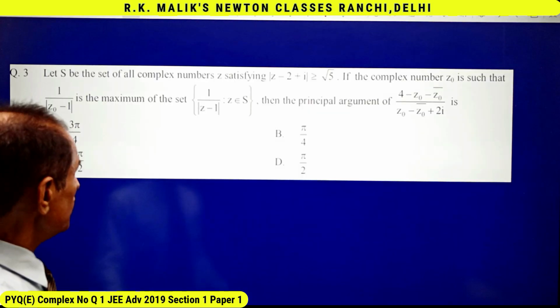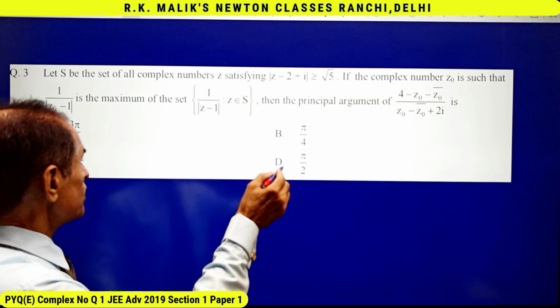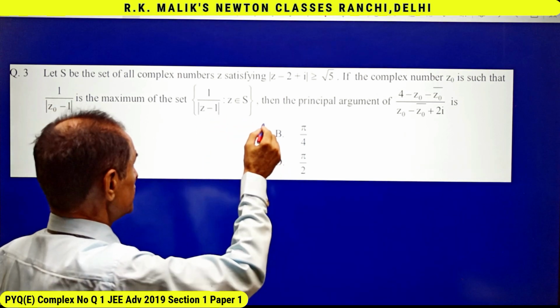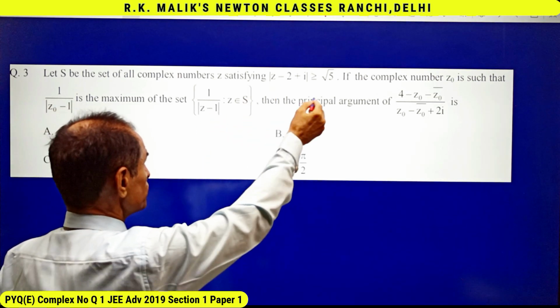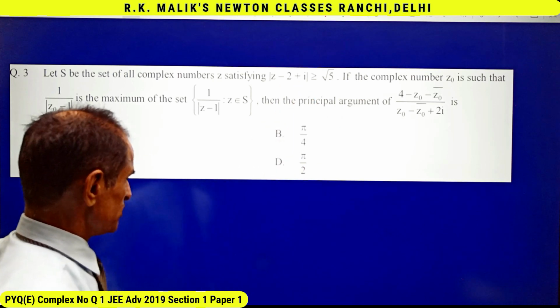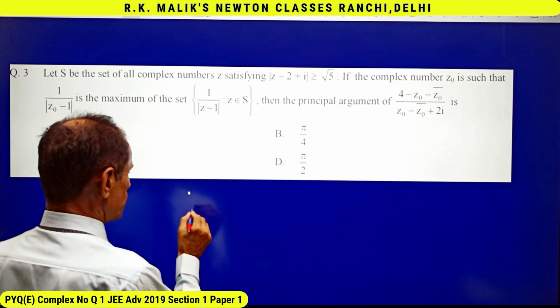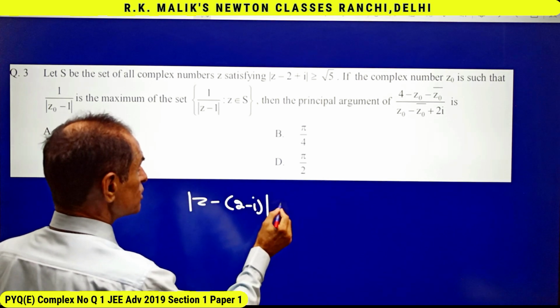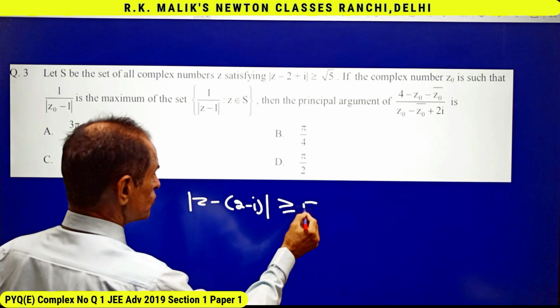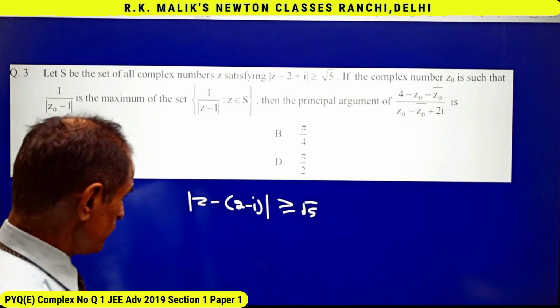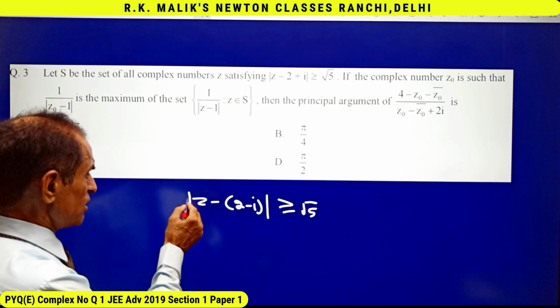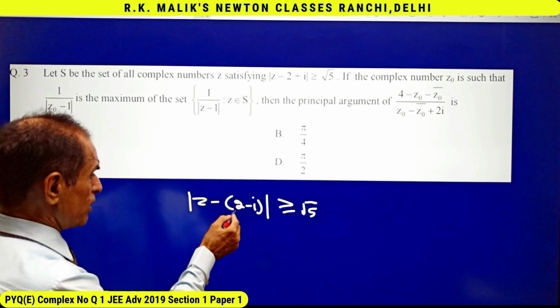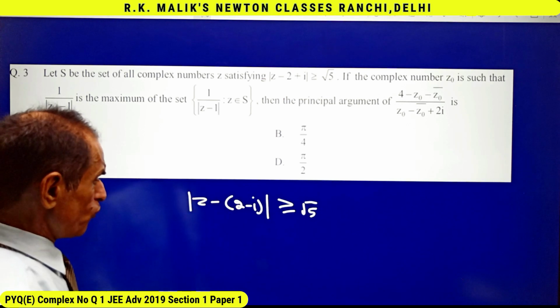First thing is, let us find the set S, that is all the complex numbers which satisfy this inequation. Now this can be written as mod of Z minus 2 minus I greater than equal to root 5. This clearly means the distance of Z from 2 minus I is greater than equal to root 5.